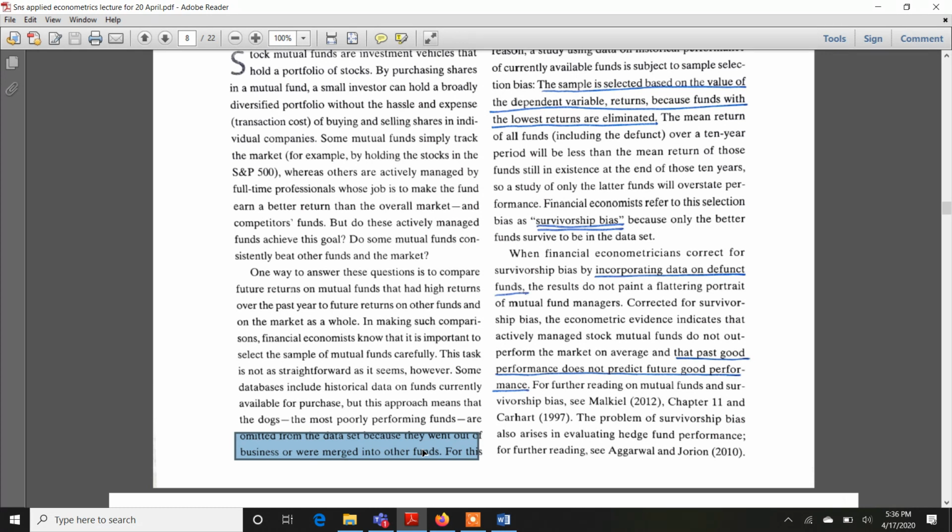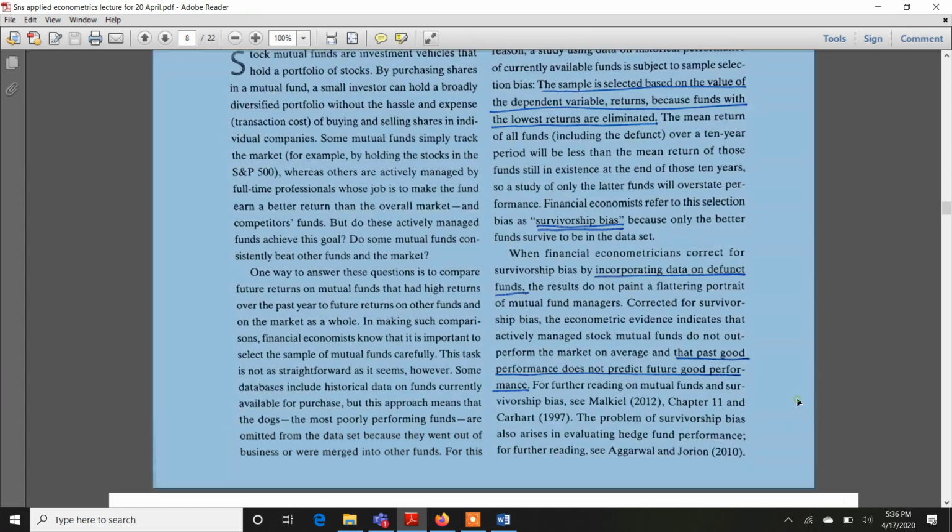It became a dog and it was just kicked out of the market, or it got merged into other funds, like some other brokers purchased that type of stock. So what will happen if we have these types of poorly performing stocks? We will have missing data for those types of funds, right?